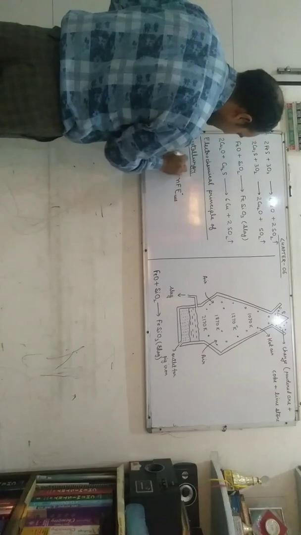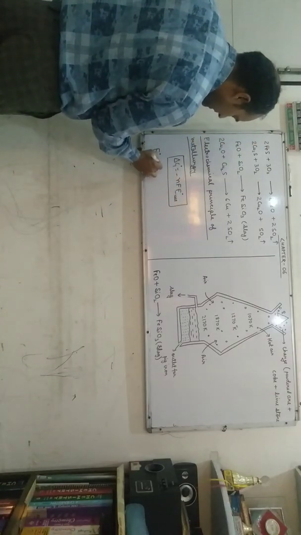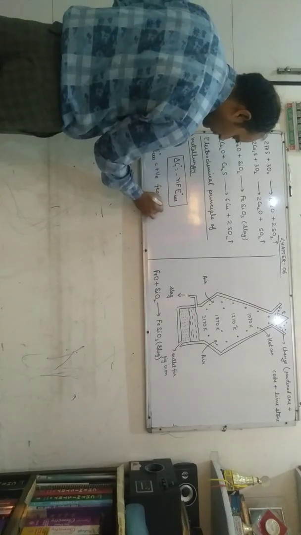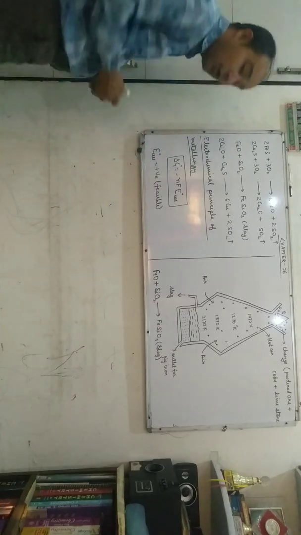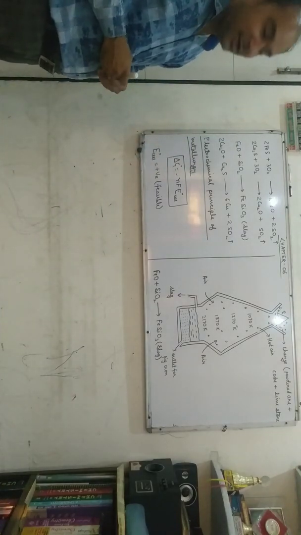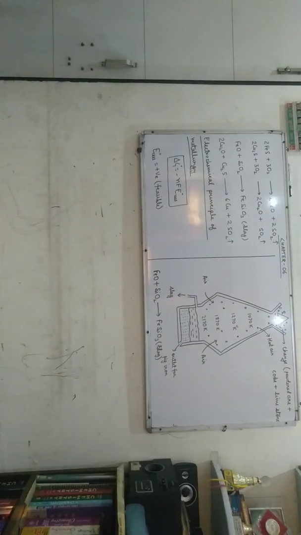Only those reactions are said to be possible for which E naught cell comes out to be positive, or delta G naught must have a negative value. Now let us discuss metallurgy of aluminium.